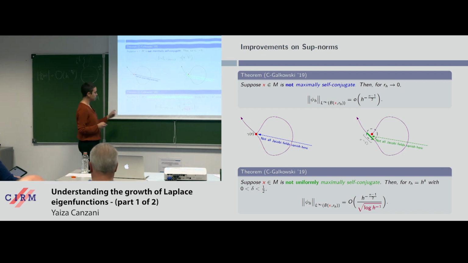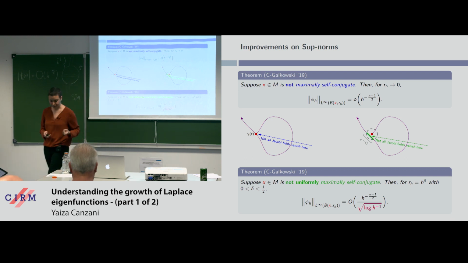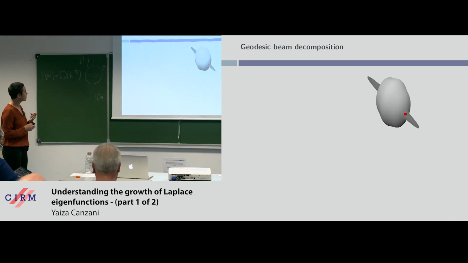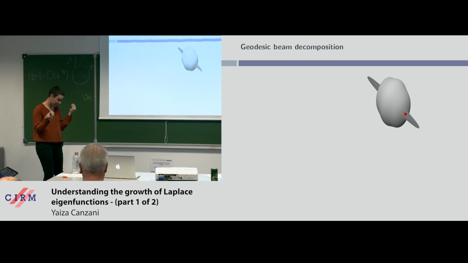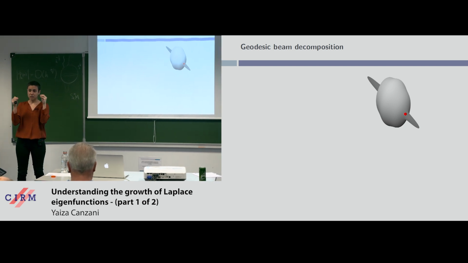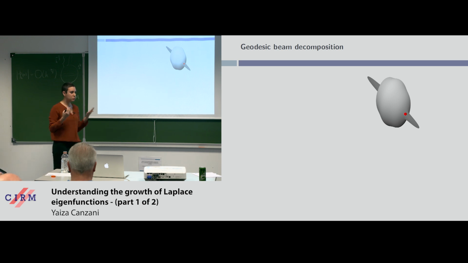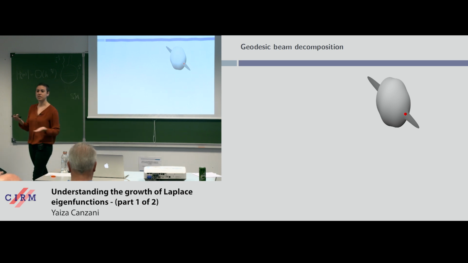OK, so what are the techniques that we are using? How do we study the growth of an eigenfunction at a point x? What motivates what we are doing is the zonal harmonic. If you look at the zonal harmonic and you know that it blows up at these points, suppose what you want to do is to reconstruct what's the behavior that you're seeing. We are going to reconstruct it in terms of decomposing it into Gaussian beams.